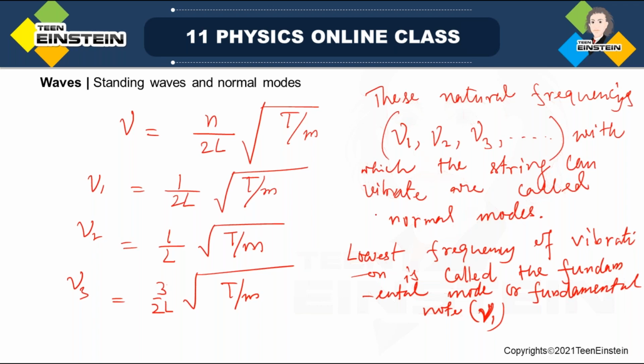These are even called harmonics also. These natural frequencies are called normal modes, normal notes, or harmonics.